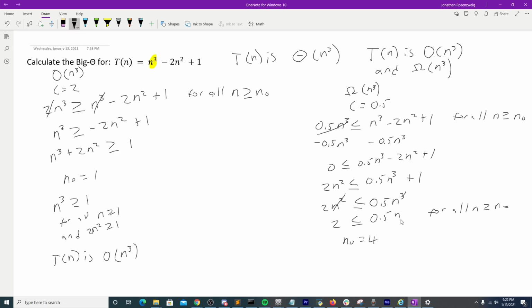And then we know that whenever n is greater than or equal to 4, 0.5 times n will be greater than or equal to 2. So from this we've proved that t of n is omega of n cubed. And since t of n is both O of n cubed and omega of n cubed, t of n is theta of n cubed.